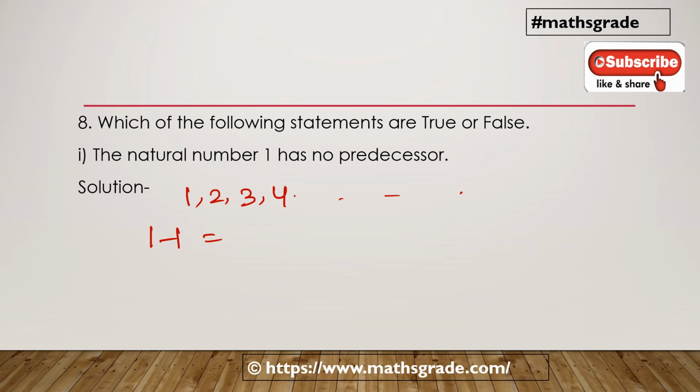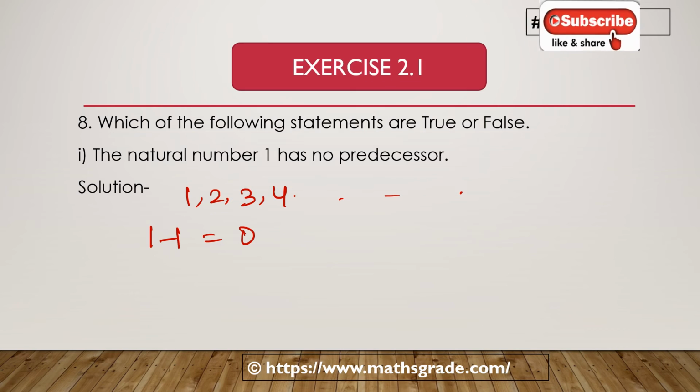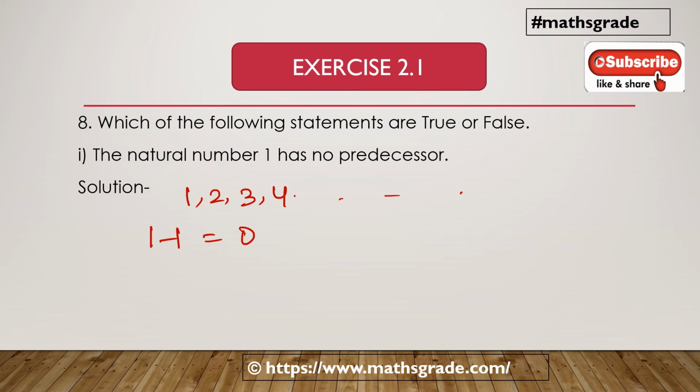We have to subtract 1 from the natural number 1. So it is 0. But 0 is not a natural number. 0 is a whole number. So the natural number 1 has no predecessor. This is true, because 0 is not a natural number. 0 is a whole number.